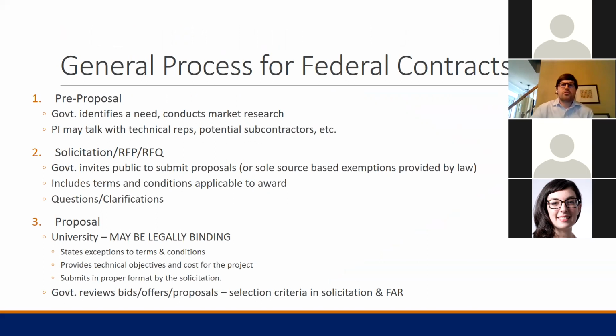Okay, so as far as the general process, I think this is going to connect in pretty clearly with most of what I think you've all already had in the pre-award presentation, and most of this fits in nicely with that. I think there are a few different nuances when it relates to a contract that are slightly different from what you normally see on the grant side, and most of that is done entirely on the federal side.